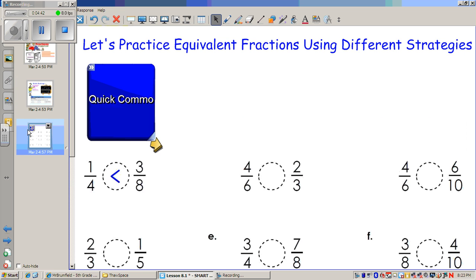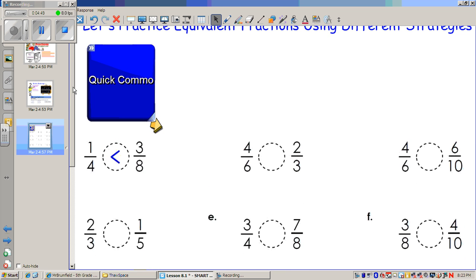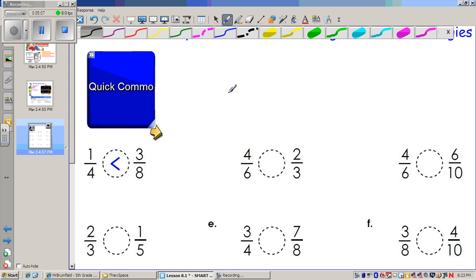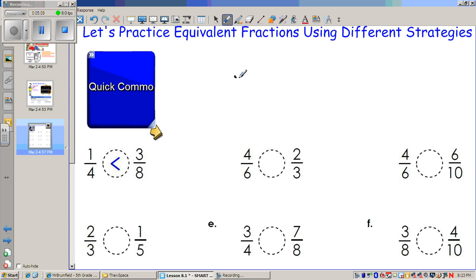And moving on, this is our last page of practice, and it says, let's practice equivalent fractions using different strategies. So using different strategies, this one was like quick common denominators. So if I were to roll the dice, this is a quick common denominator. A quick common denominator would be multiplying 6 times 3, which I know is 18.